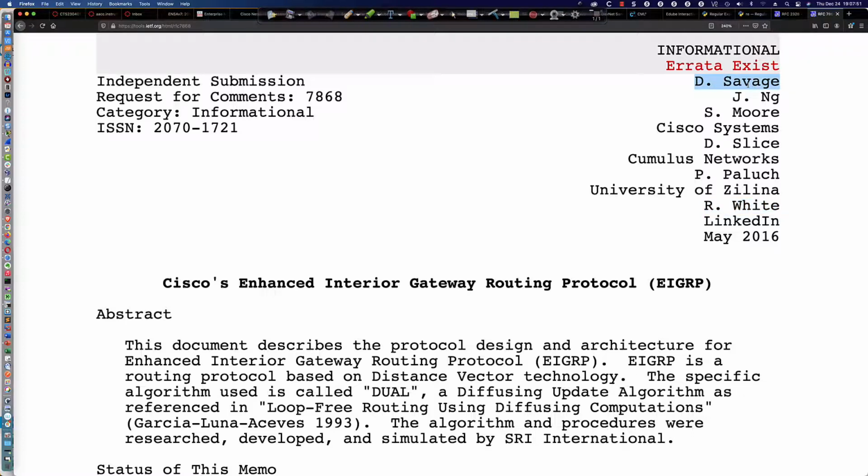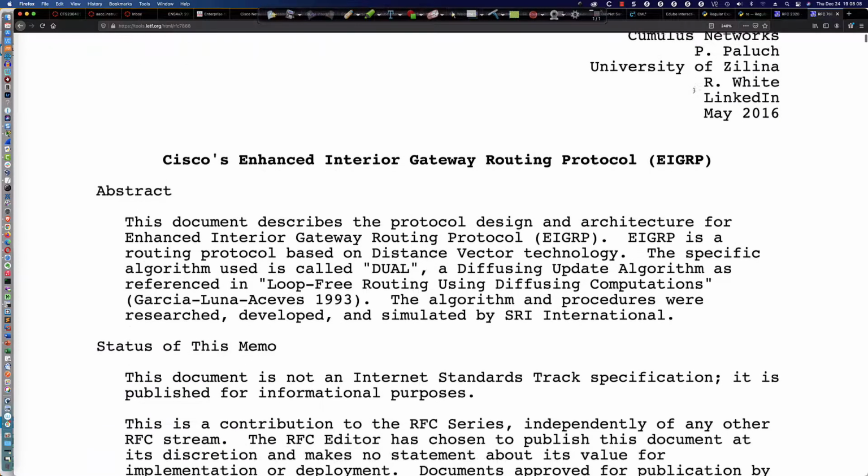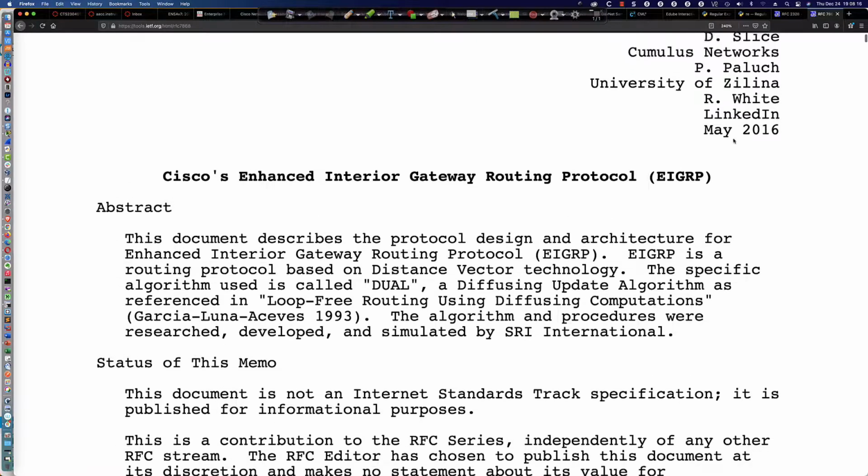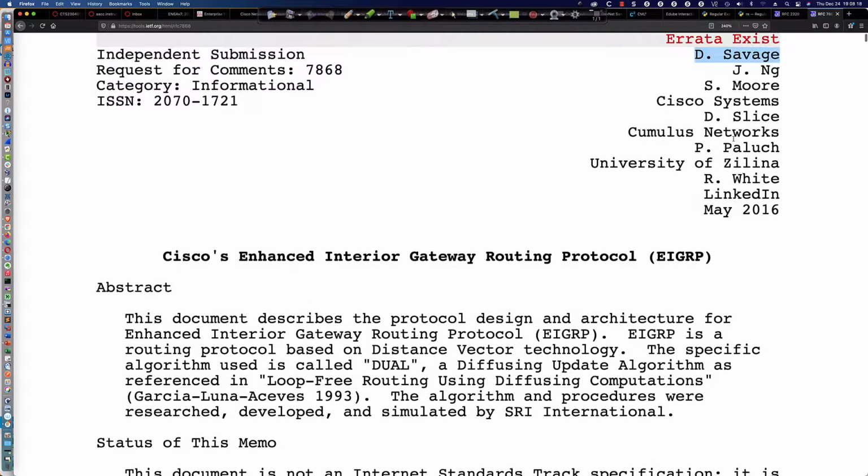He has been maintaining EIGRP and has rewritten every line of code in EIGRP at least once, he said. And he's been maintaining it since, I think, 92, 93. So Donnie Savage is the subject matter expert on EIGRP. He is the primary source for information, and he is, as you can see here, the top author listed.